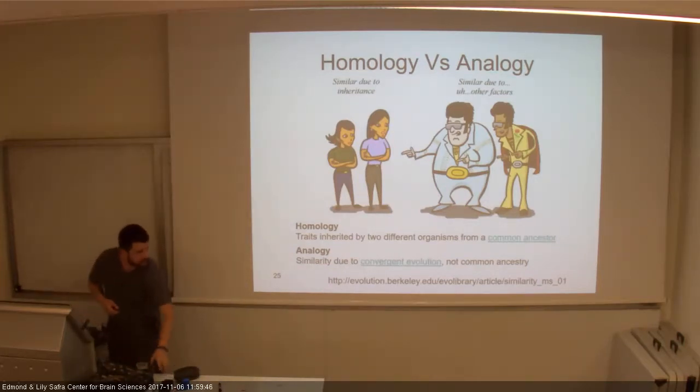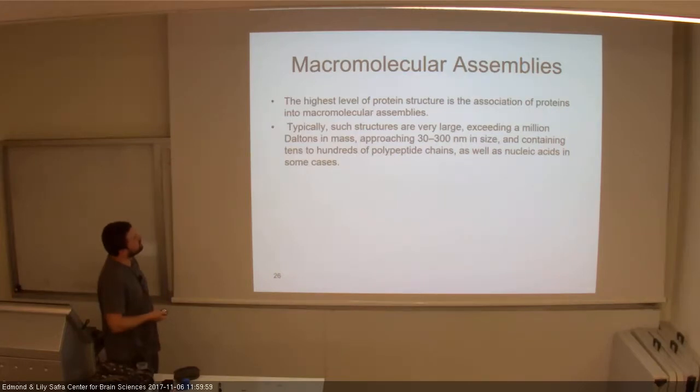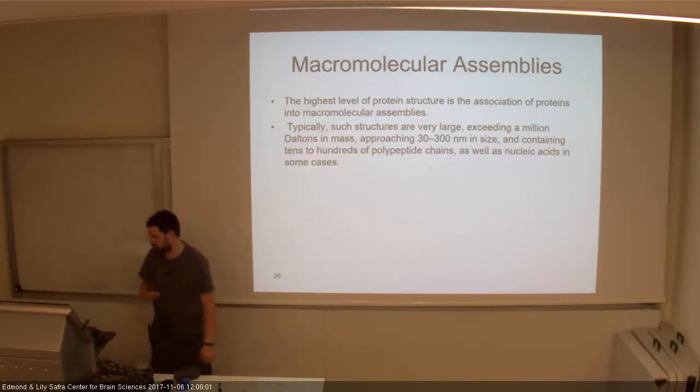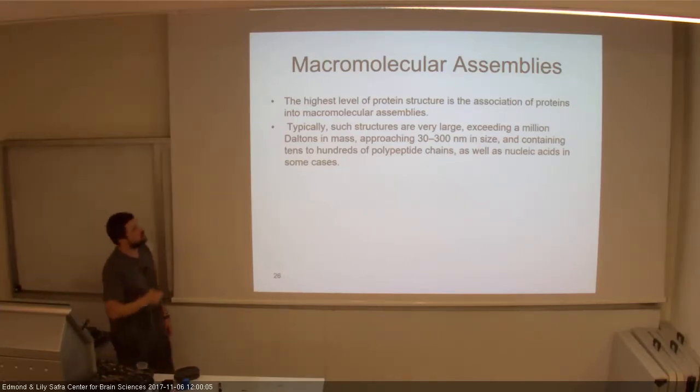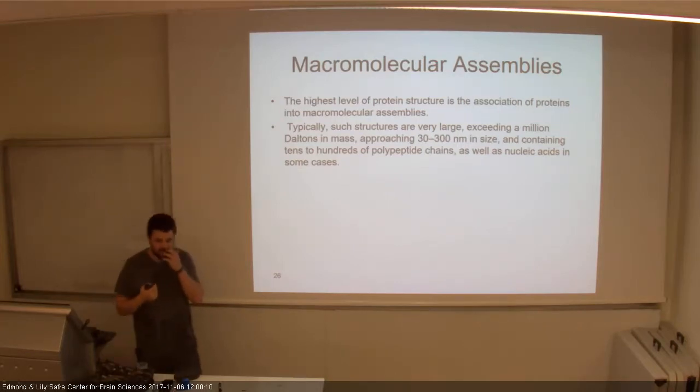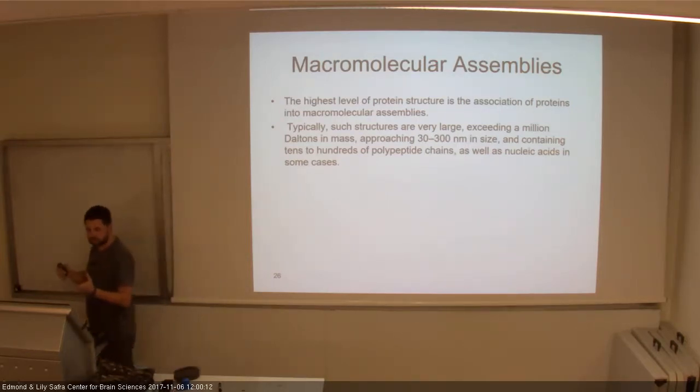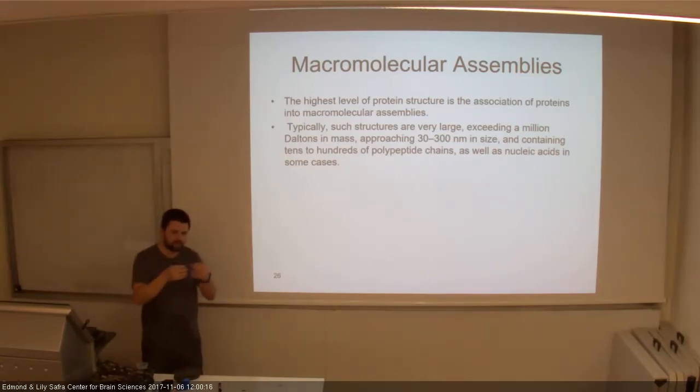Okay, so in terms of this, these are the differences between homology and analogy. We'll maybe discuss a little bit, return to that in the rest of the semester. So the last level of what we define as the protein hierarchy is what we call macromolecular assemblies, which is simply a combination of different proteins that act together for a unified goal.